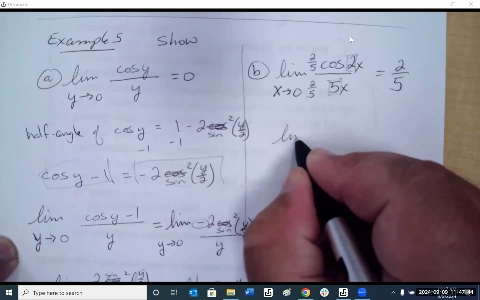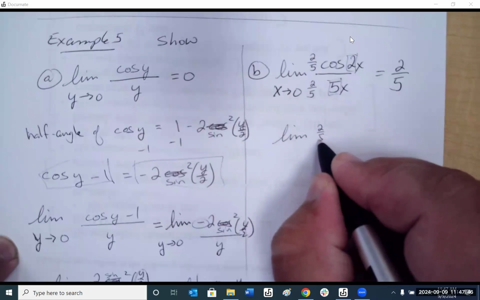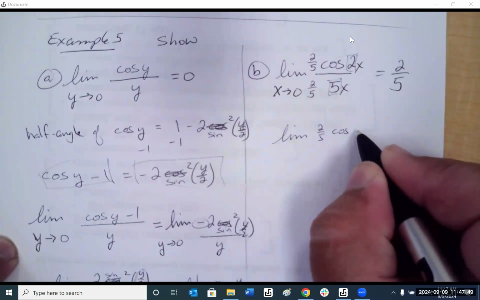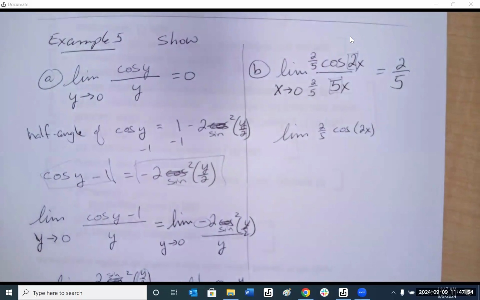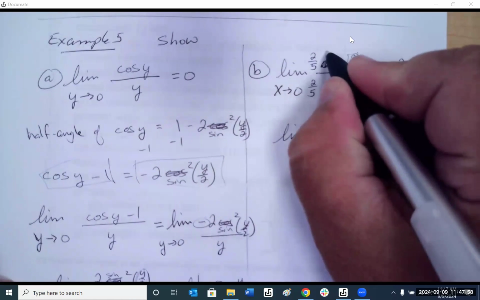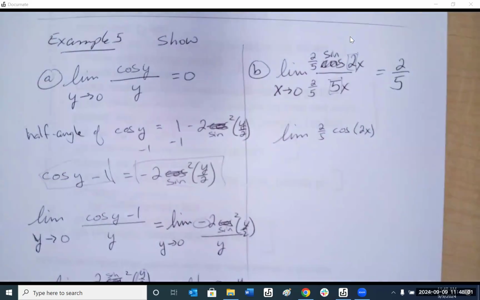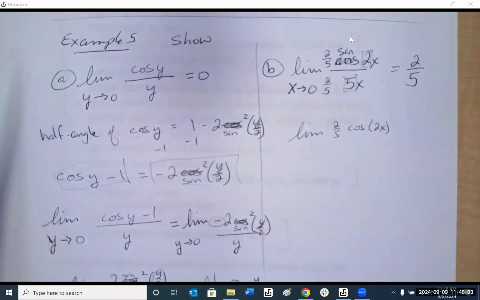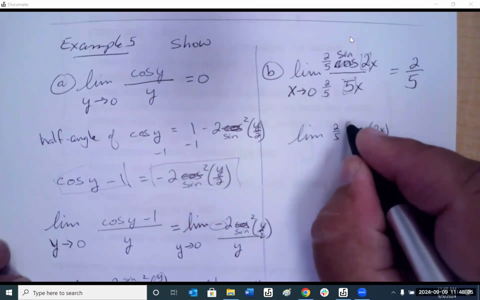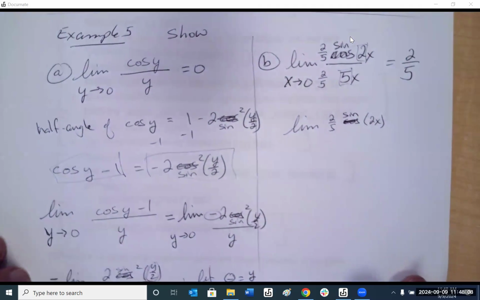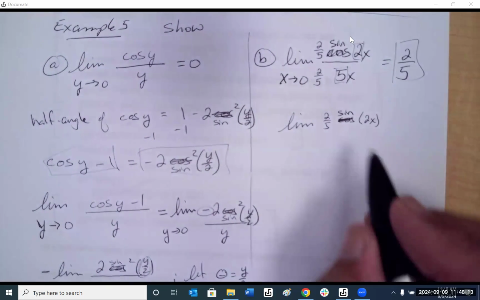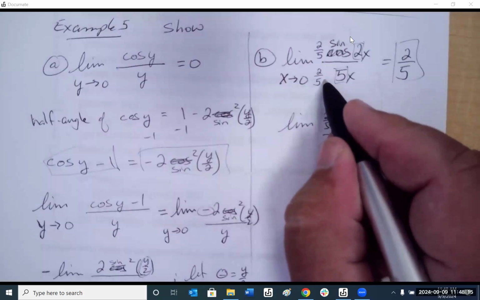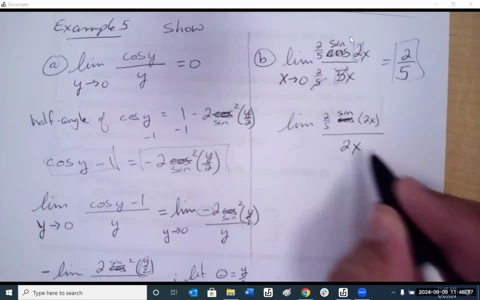We simply have the limit of 2/5 sine 2x. We have to try to prove that it equals 2/5. What happens on the bottom? The 5's cancel, so we have 2x.